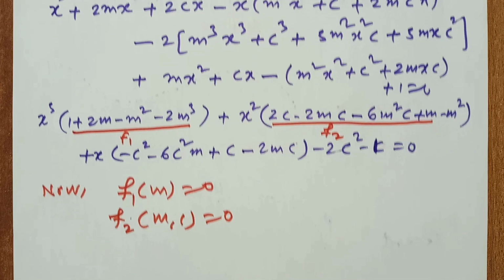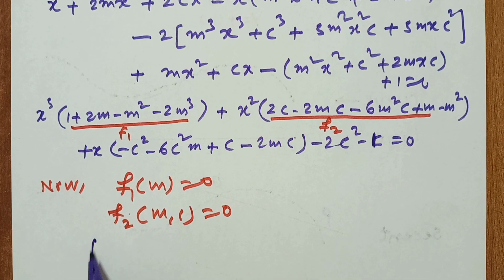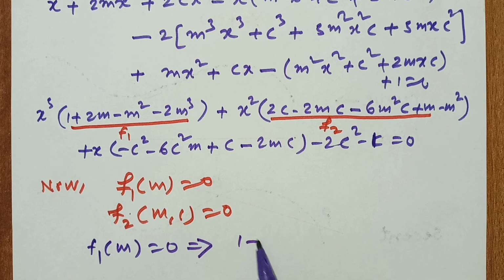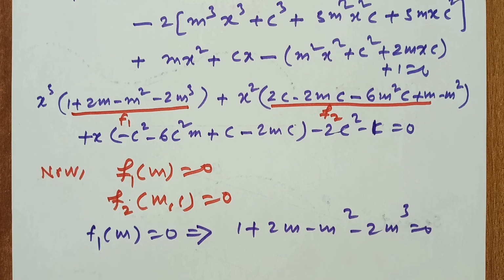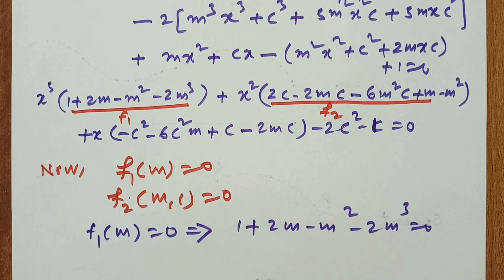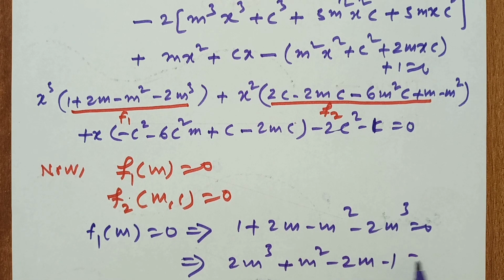So by f1(m) equal to 0, it means 1 plus 2m minus m square minus 2m cube equal to 0. Our aim is to calculate the value of m. So this is a third degree equation in m. This can also be written, by multiplying by minus 1, as 2m cube plus m square minus 2m minus 1 equal to 0.